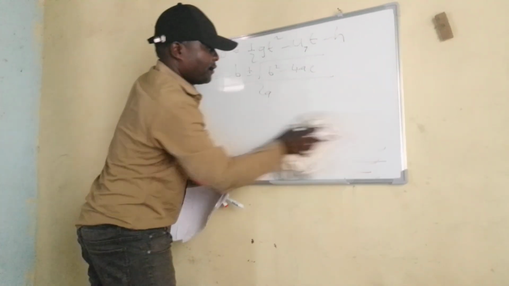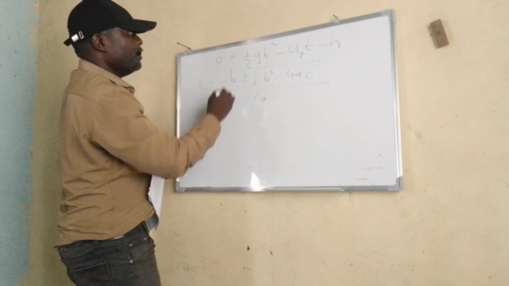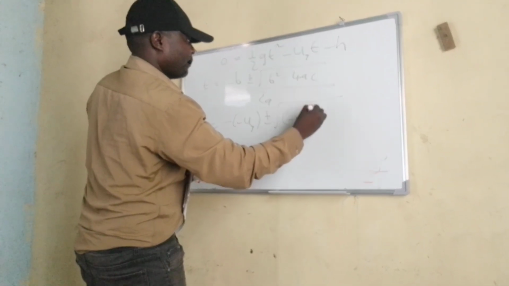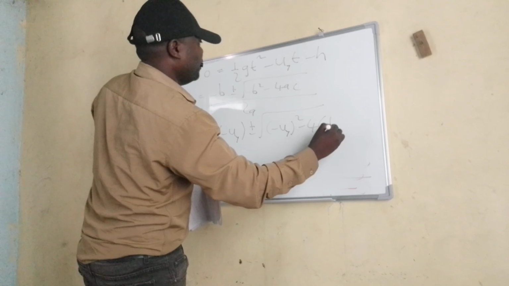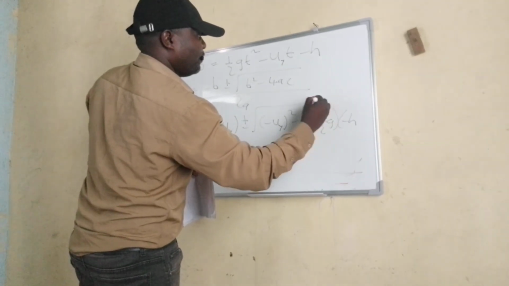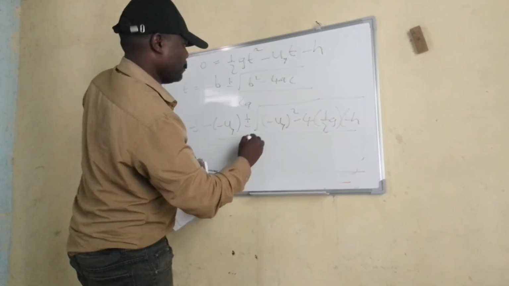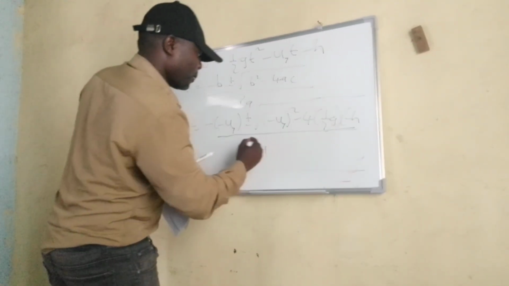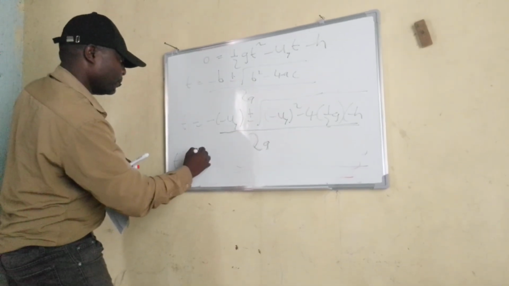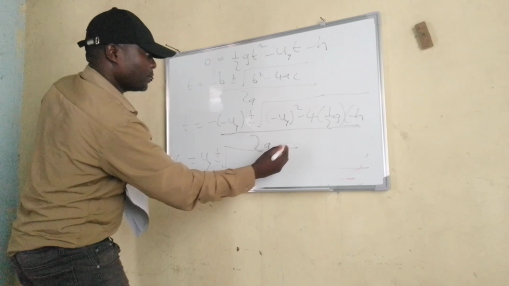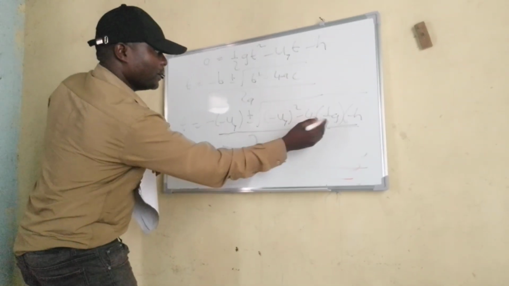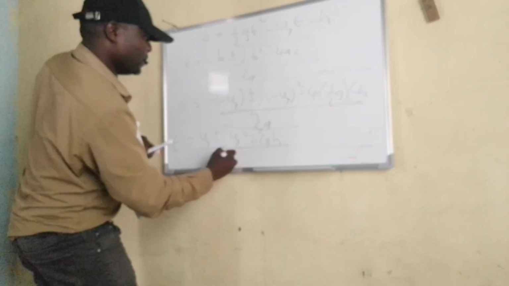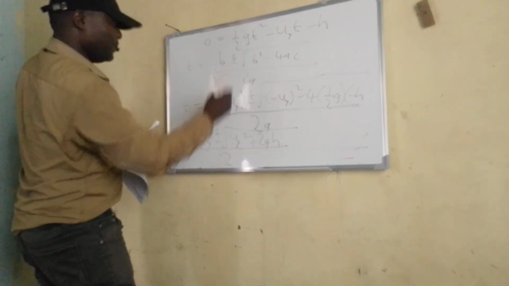So this is going to be basically u plus or minus the square root of u squared plus 2gh, all over 2 times a, half g.